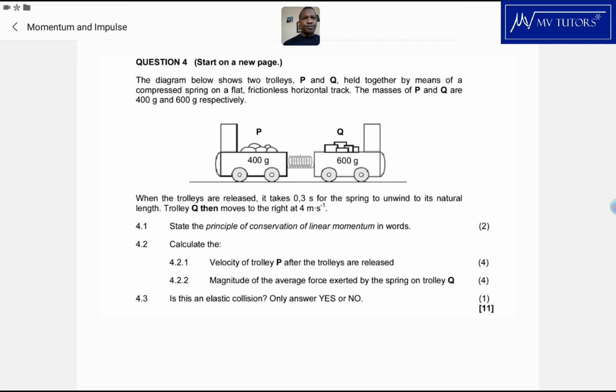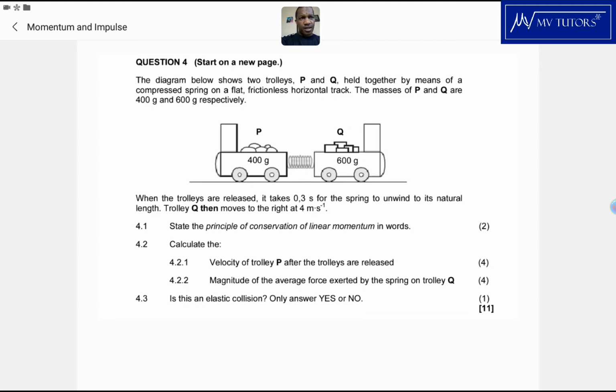It says the diagram below shows two trolleys, P and Q, held together by means of a compressed spring on a flat, frictionless, horizontal track. The masses of P and Q are 400 grams and 600 grams respectively.